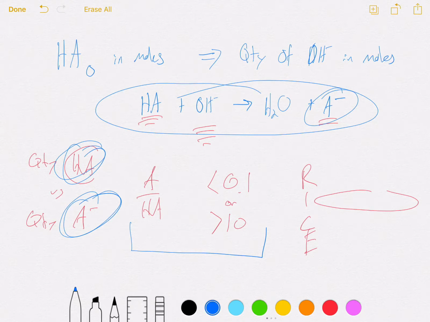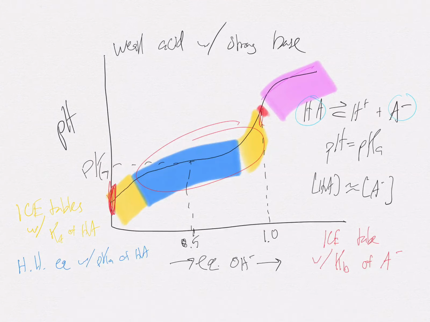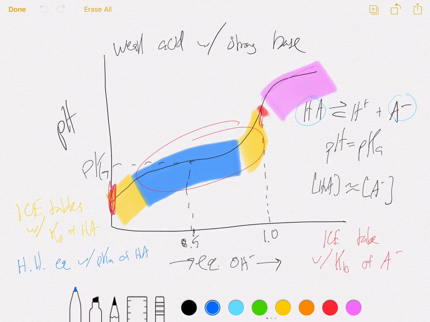So again, I don't want to run through the entirety of the ICE table workflow because we've done that for a couple of chapters now, but needless to say, everything in here has to be in moles per liter, which means if you're putting stuff in moles initially, you need to get it back to concentrations. The reason you want to do it in moles is that when you're doing this titration, you're actually adding volume.